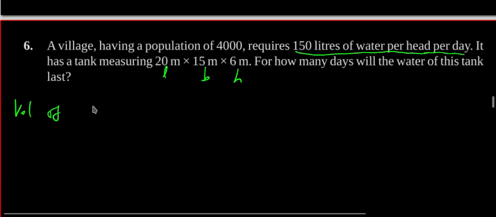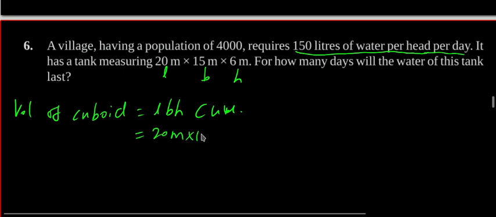Everything is different, so definitely it is a cuboid. So what is the volume of the cuboid? LBH cubic unit. What is the length here? 20 meter into 15 meter into 6 meters. So if we multiply, 15 2s are 30, 300, 3 6s are 18.